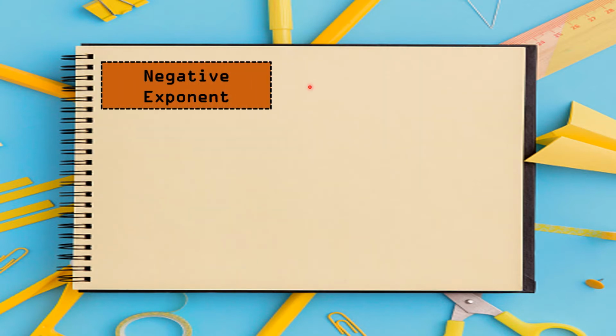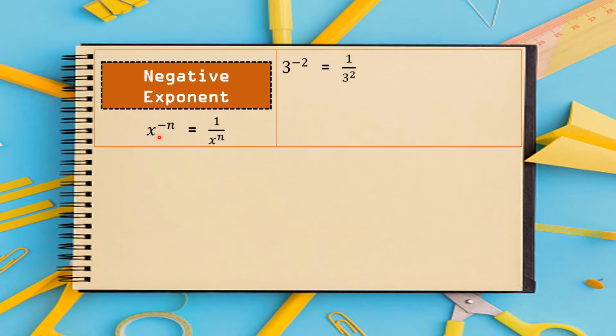Let us have negative exponent. When x is raised by negative n, it is equivalent to 1 over x raised to n. To change a negative exponent to a positive one, flip it into a reciprocal. The reciprocal of x raised to n is 1 over x raised to n. Example, 3 raised to negative 2 equals 1 over 3 raised to 2.